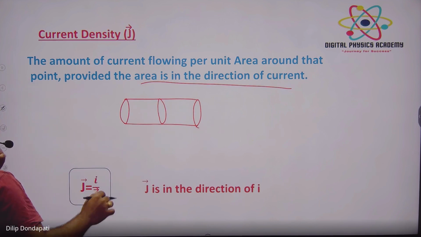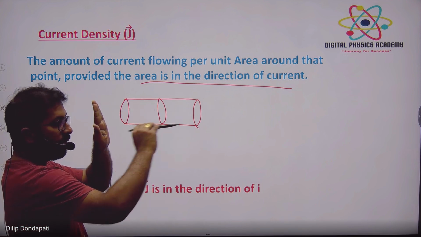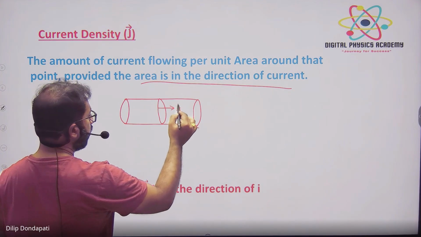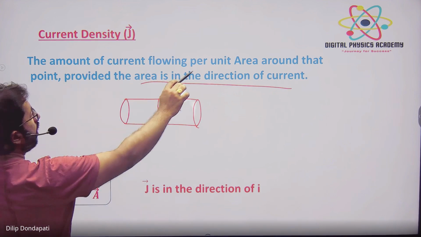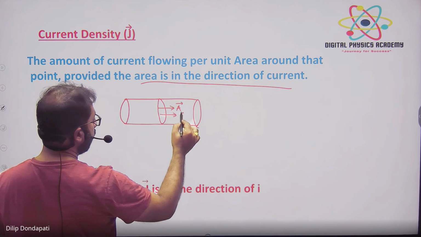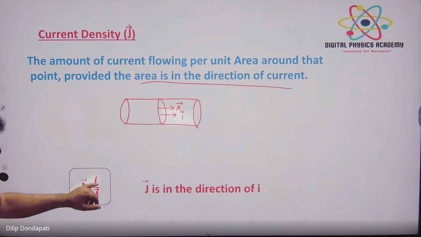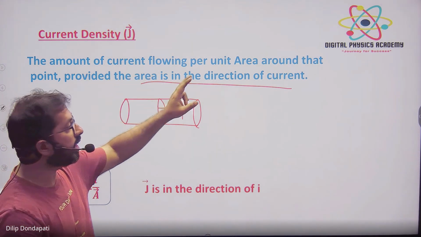The area vector is always perpendicular to the surface, as we learned in the first chapter. So this is the area vector. The amount of current flowing per unit area. So current is flowing in this direction. Current density is given by current per unit area, provided the area is in the direction of current.